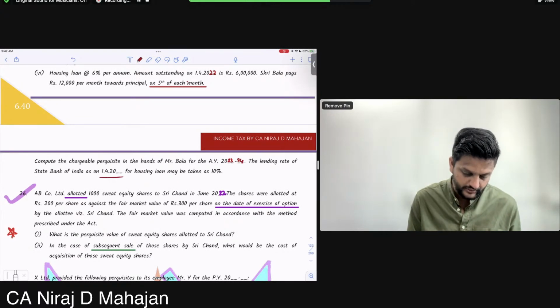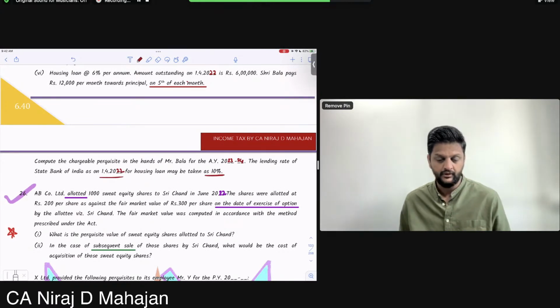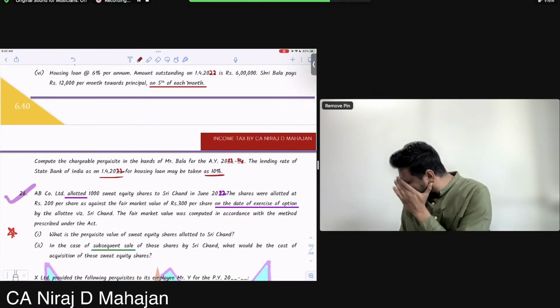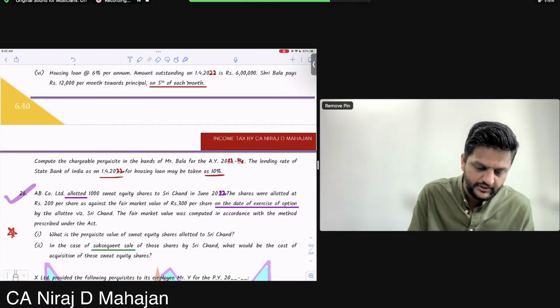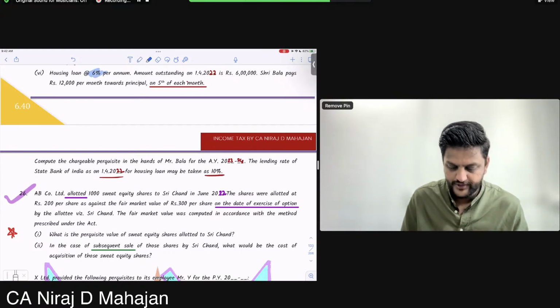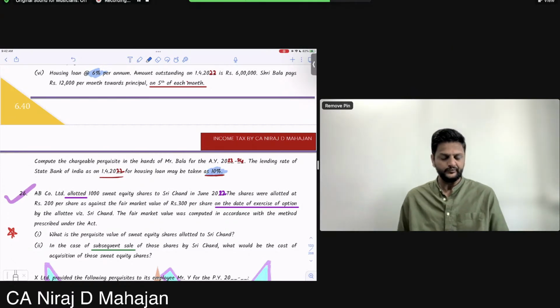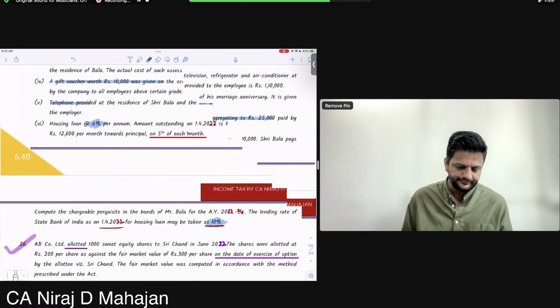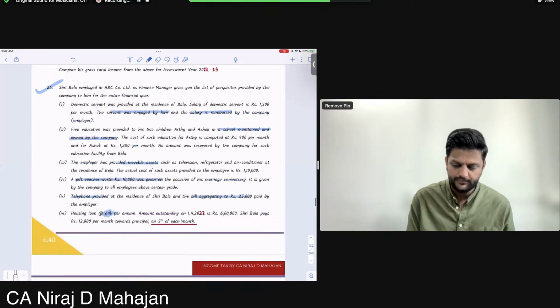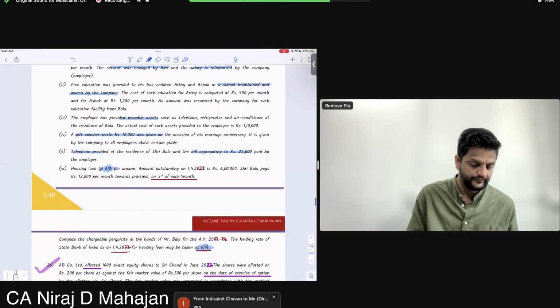The lending rate is how much for the SBI? 10%. Employer is charging how much? 6%. So perquisite rate is 4%. Yes, everybody? Let's start. As it is, we want only perquisite taxability, nothing else.